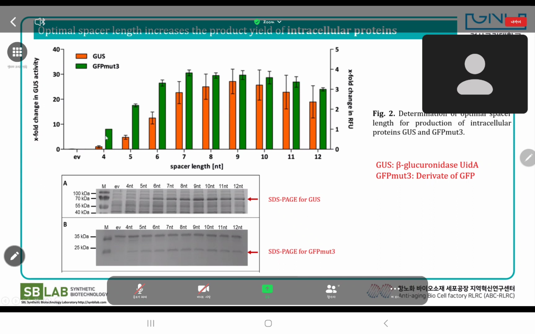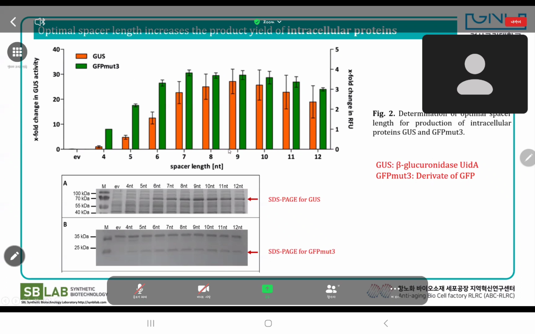As you see here, this is the original vector which contains a 4-nucleotide spacer region, and as the spacer sequence length increases from 4 to 7, 8, 9, the yield of protein in the case of both GUS and GFP mutants increases.